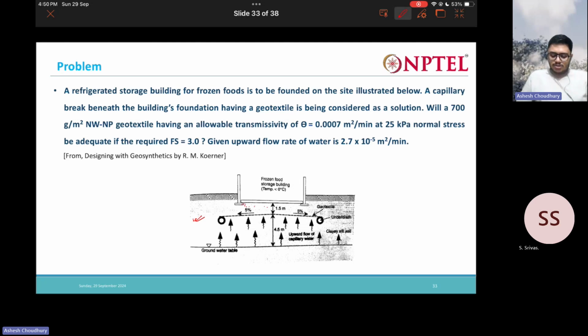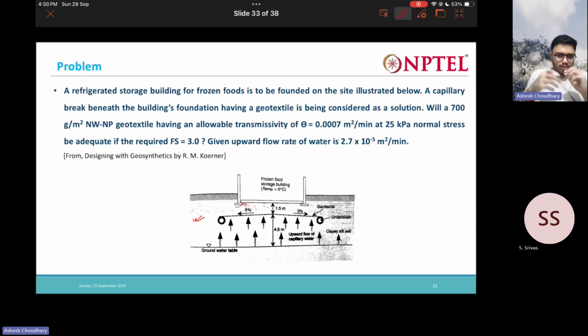This water might get frozen near the building. If water freezes, you know that it's going to expand, and this expansion may result in problems, such as creating cracks in the building.